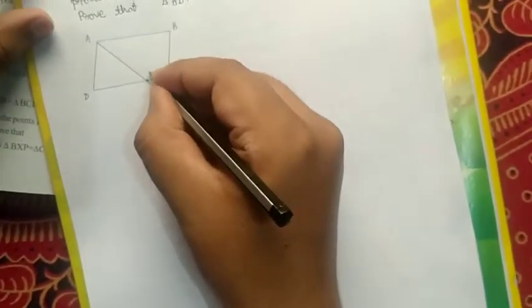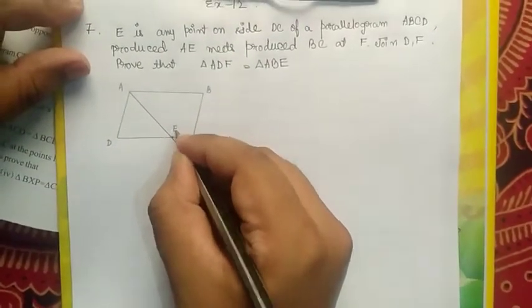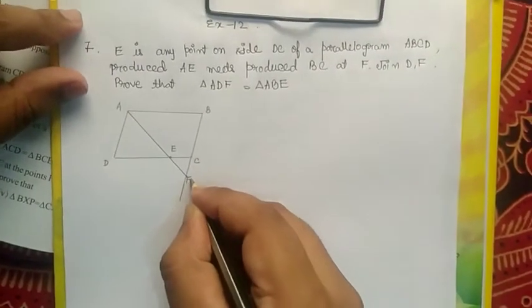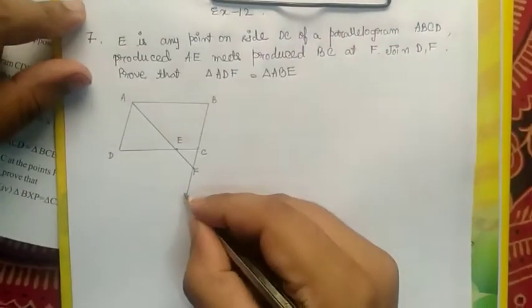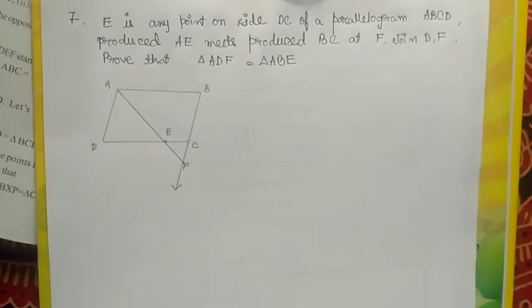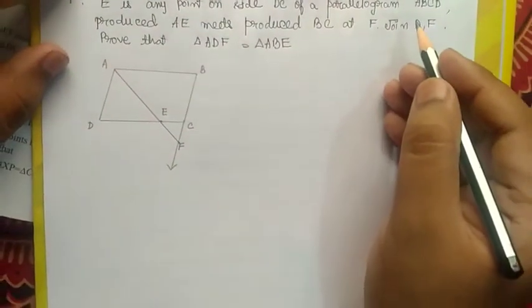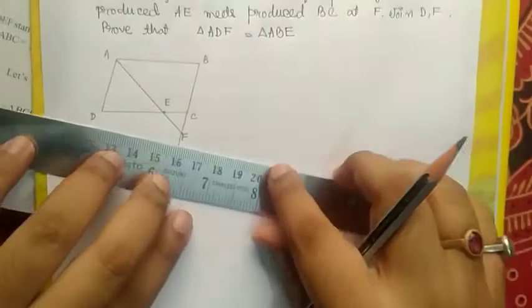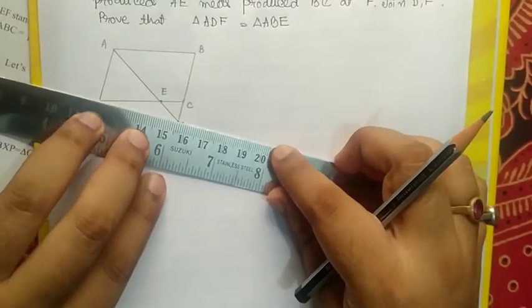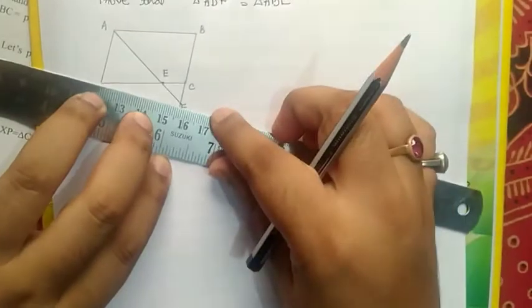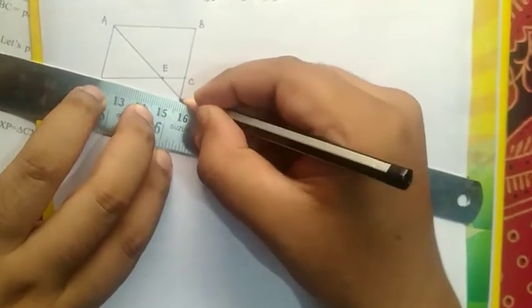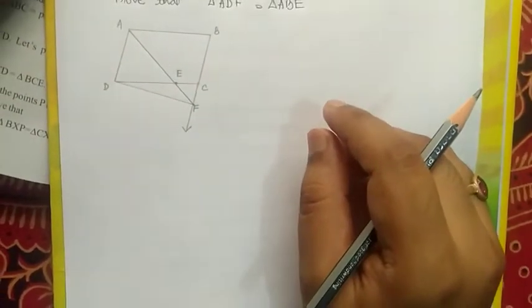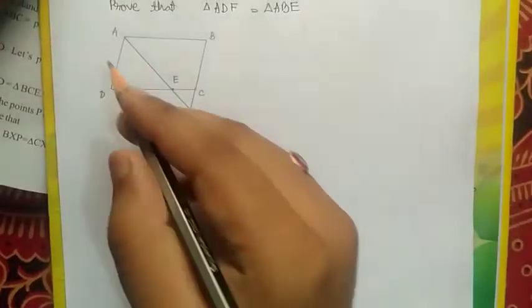So this is point E, this is point F. Join DF means this one. So this is the diagram.